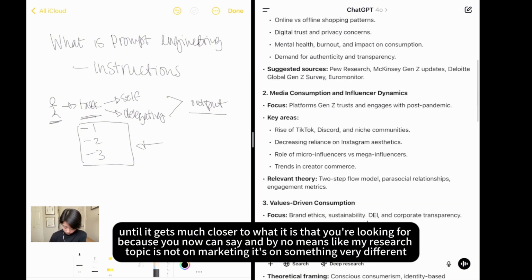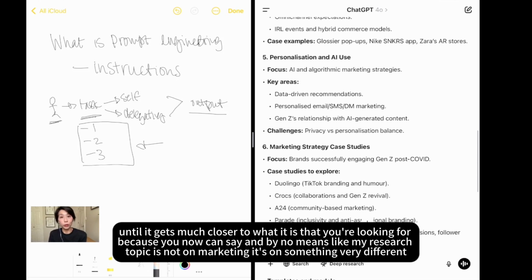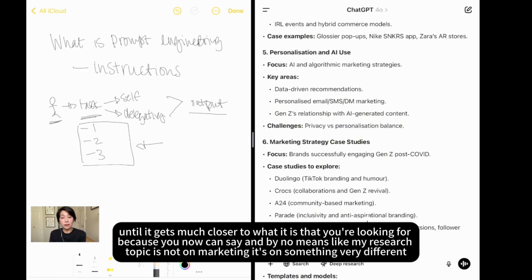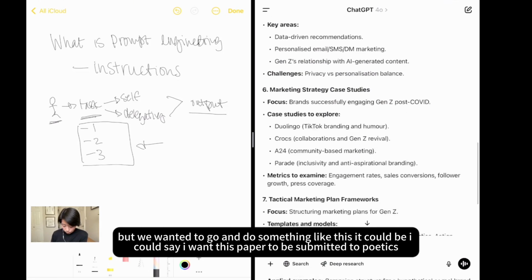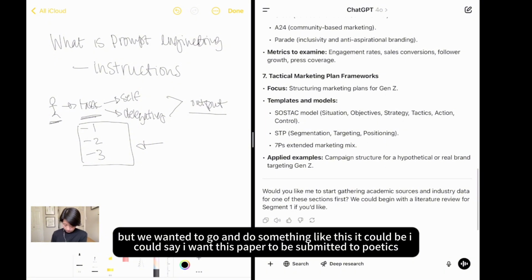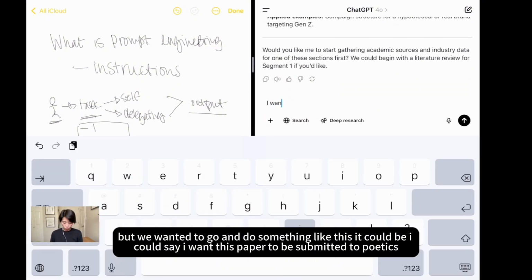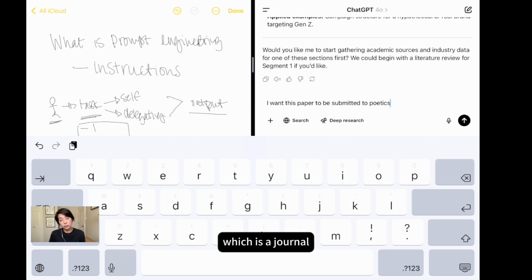Because you now can say, and by no means is my research topic on marketing, it's on something very different, but if we wanted to do something like this, I could say, I want this paper to be submitted to Poetics, which is a journal.